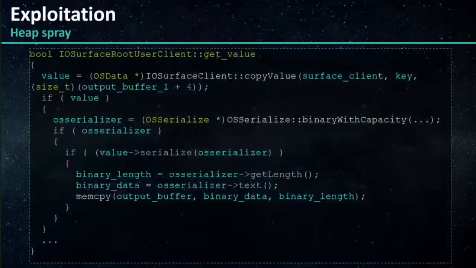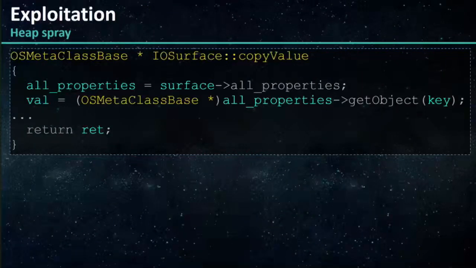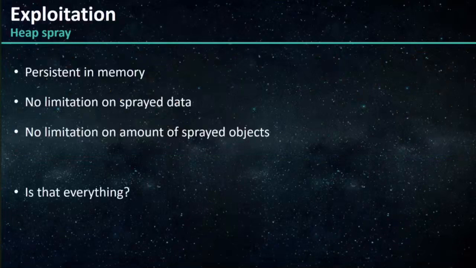If you can set them, you can also read them back, which means everything we sprayed can be read back. So for example, if we spray the kernel and the kernel modifies our sprayed data due to another vulnerability, we can just read back our data from any key we want.